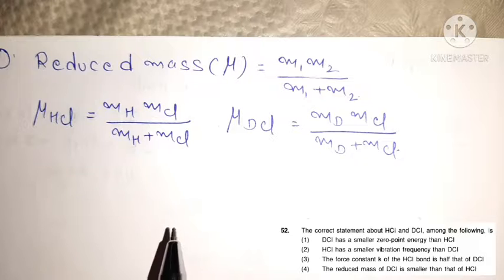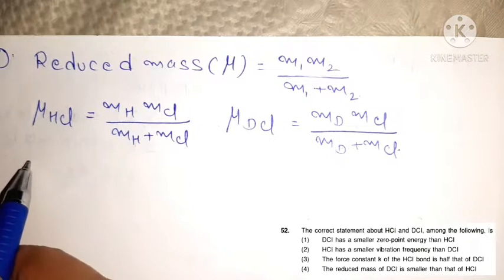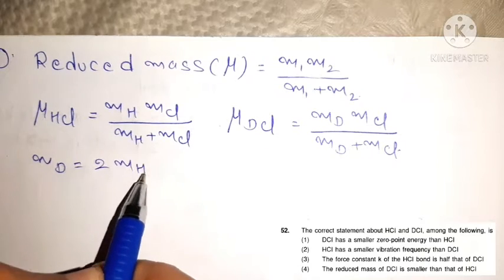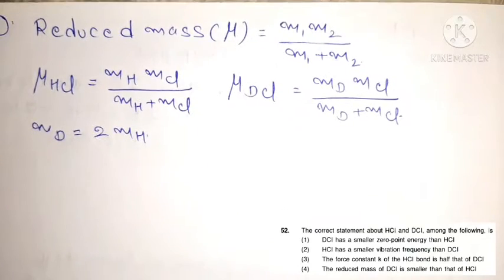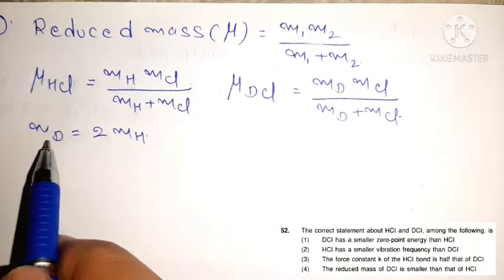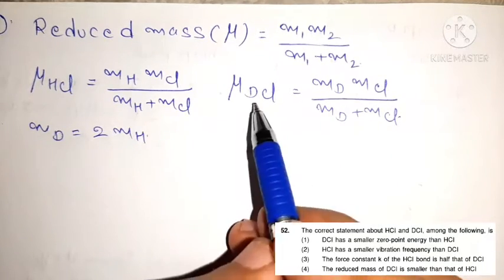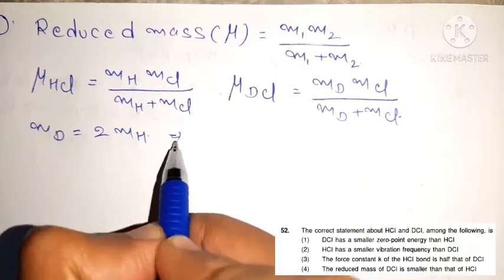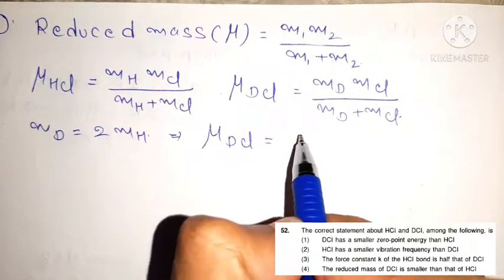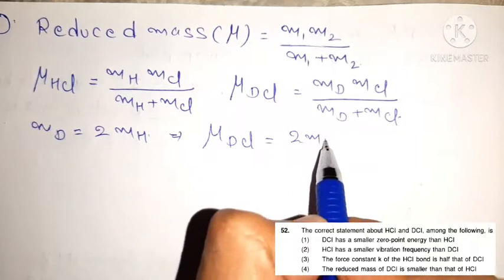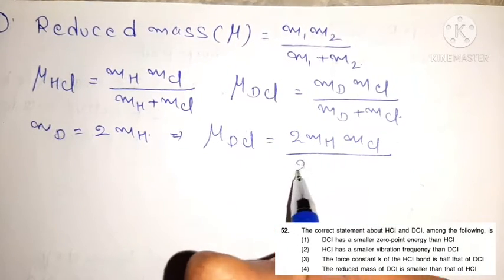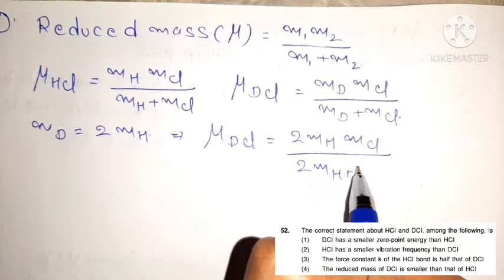Okay, and friends, we know very well that mass of deuterium will be equal to 2 times mass of hydrogen. So let's put the value of this mass of deuterium into this reduced mass of DCl. So that means your reduced mass of DCl will be equal to 2 times mass of hydrogen multiplied by mass of chlorine upon 2 times mass of hydrogen plus mass of chlorine.